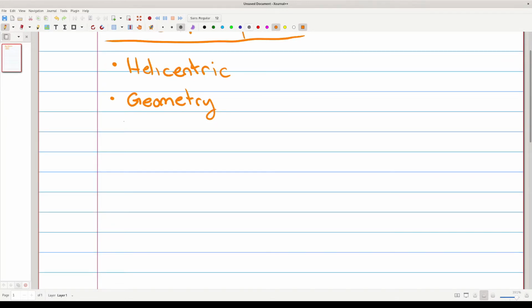So, a main point here is that we have the Sun here, which I'm going to label with an X. Then we have Venus on a smaller orbit around the Sun than we are. And then we have Earth's orbit at a larger point.